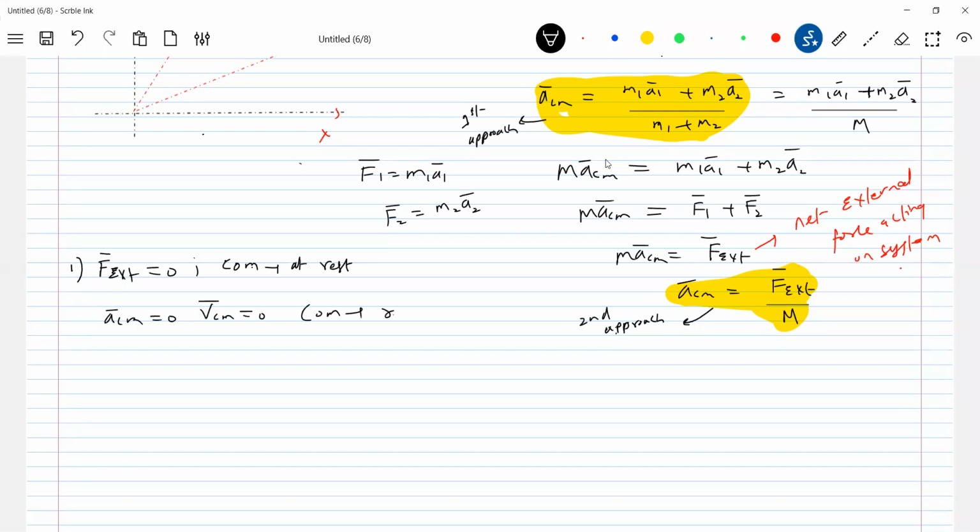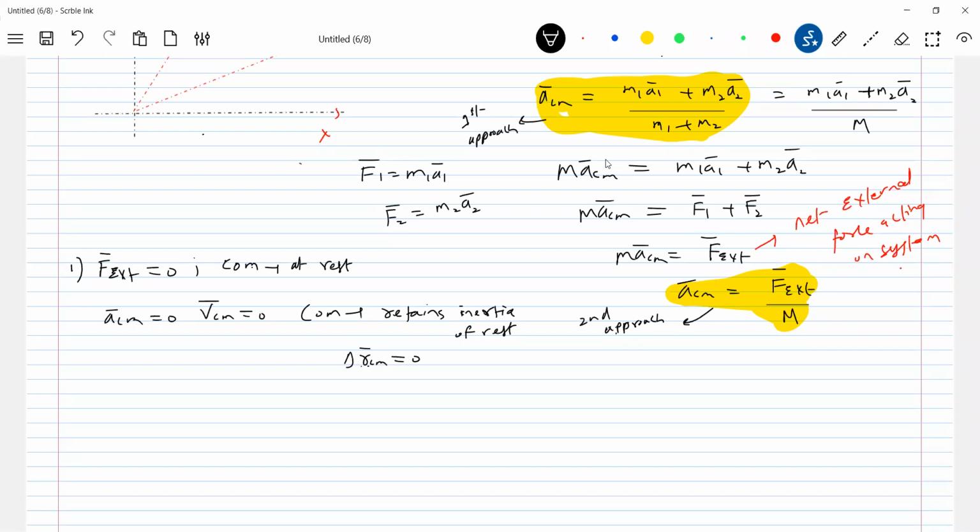Center of mass retains inertia of rest. What will happen to delta RCM? Delta RCM will be 0.